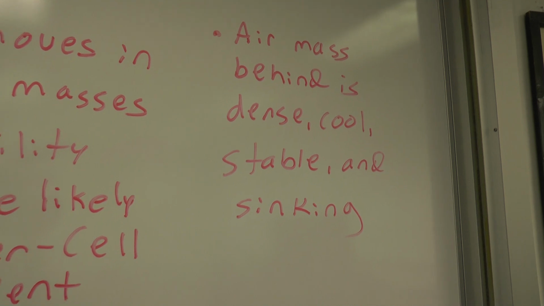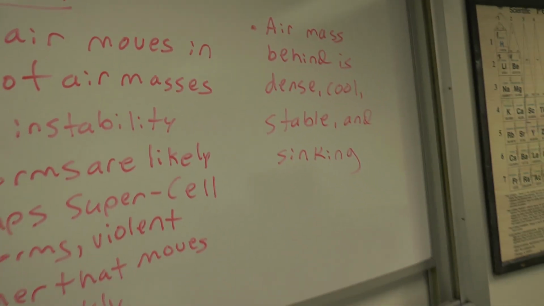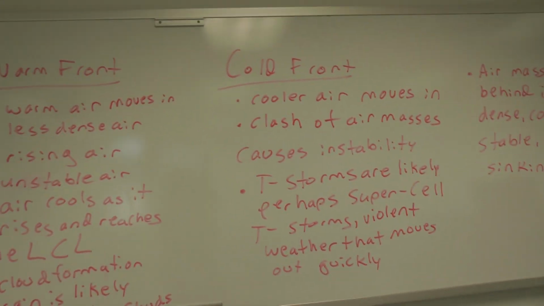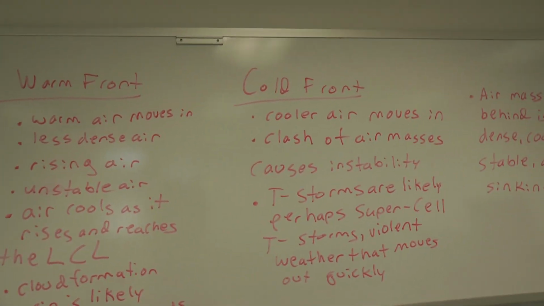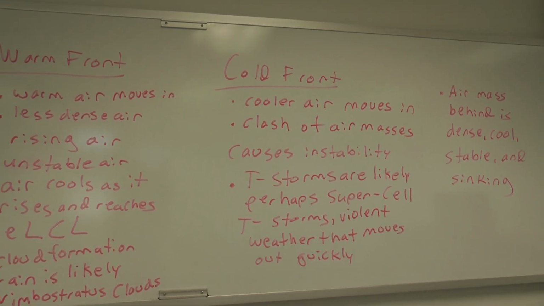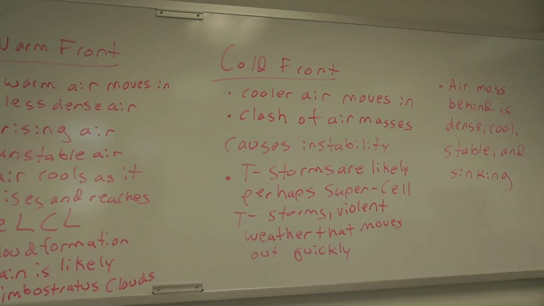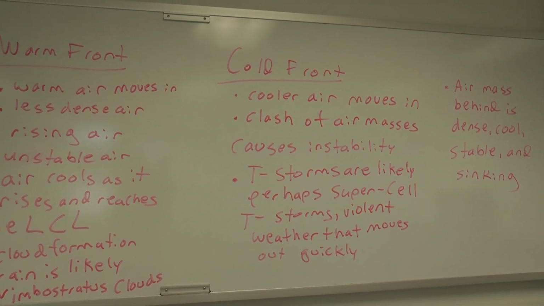What I did not put up here is talking about stability, and I have to admit I can't remember what chapter stability is in. We can just mention some things. Stable air is air that is cooler, cold air. Why is it stable? Because cold air will sink.